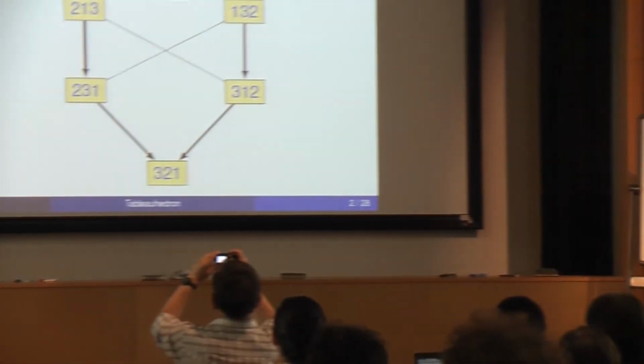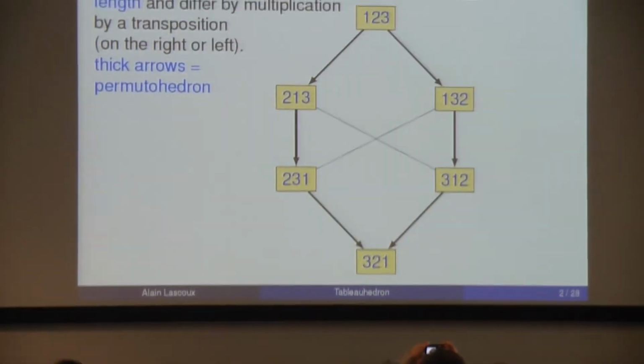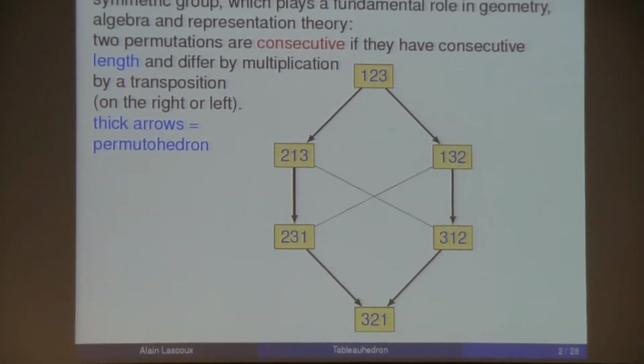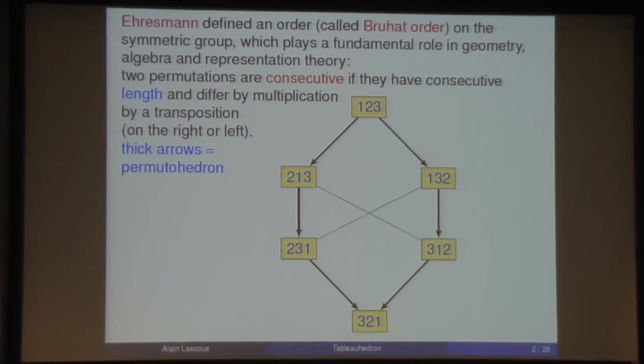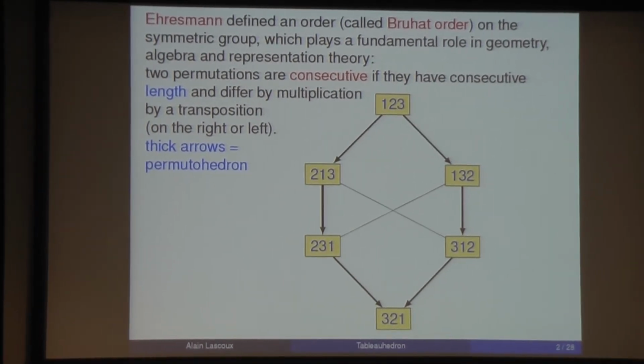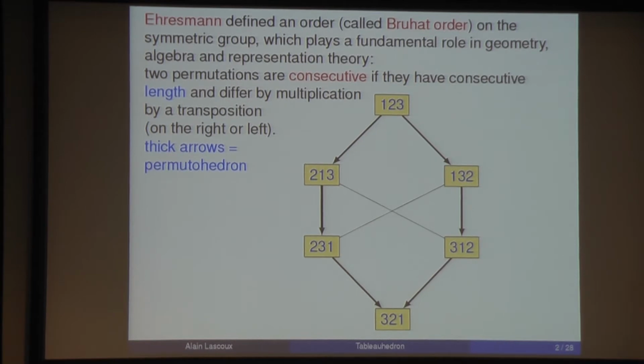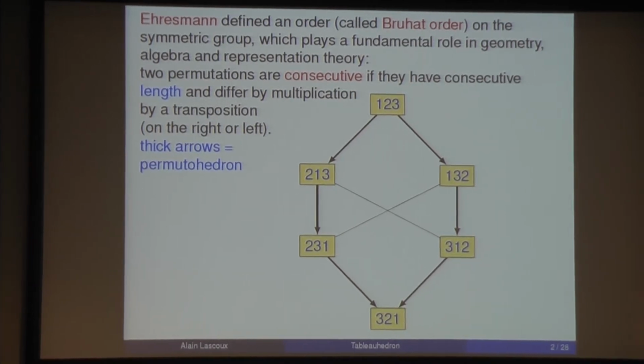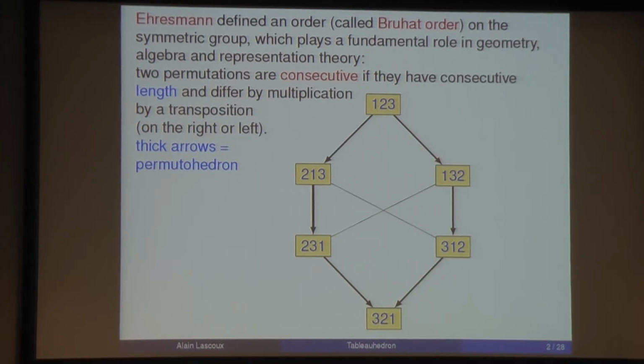So here, the thick arrows is what you can call the permutoid, that is the symmetric group, generated by simple transpositions. Let's say here I act on places, it's easier. And now the Bruhat order is when you have the two middle edges.